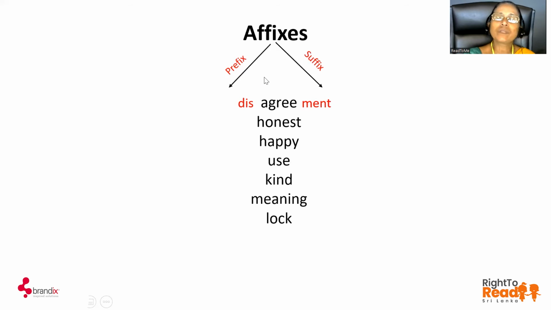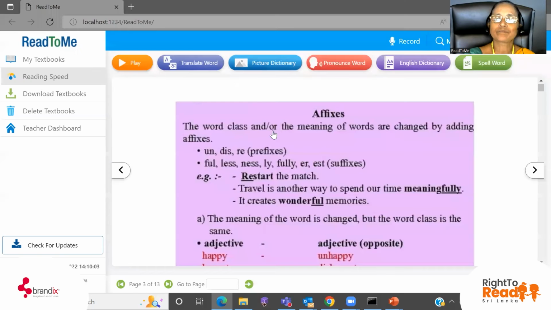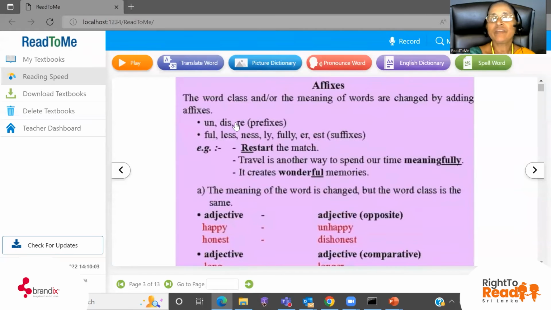Then shall we go back to the page? Here we can add these as prefixes: UN, DIS, RE. Then these are suffixes: FUL, LESS, NESS, LY, FULLY, EST.